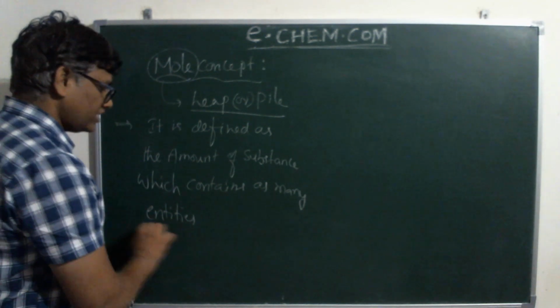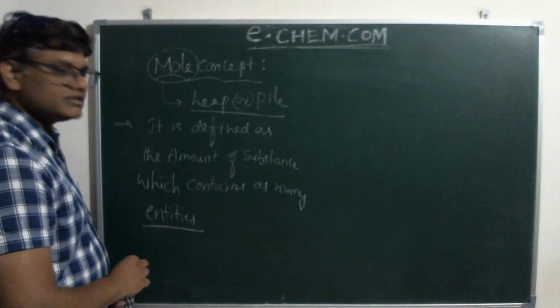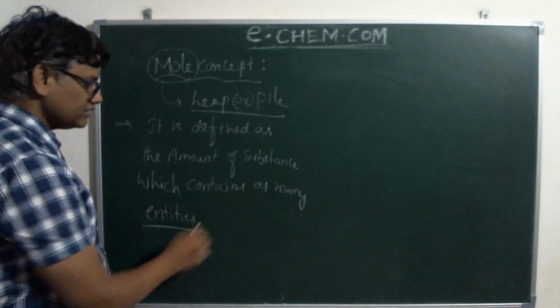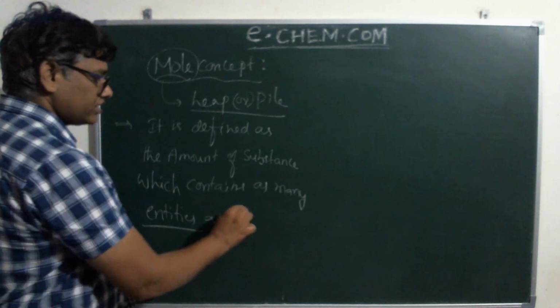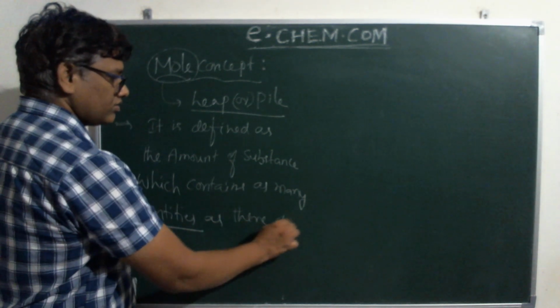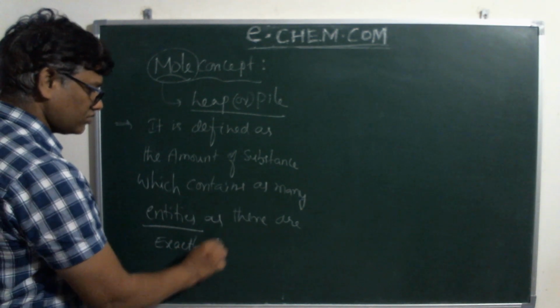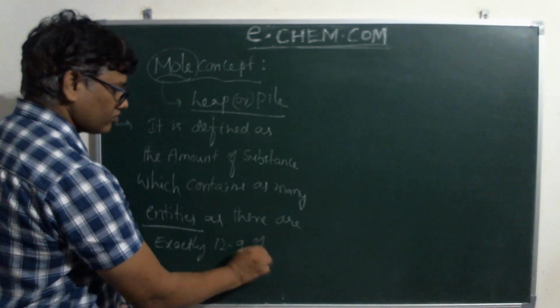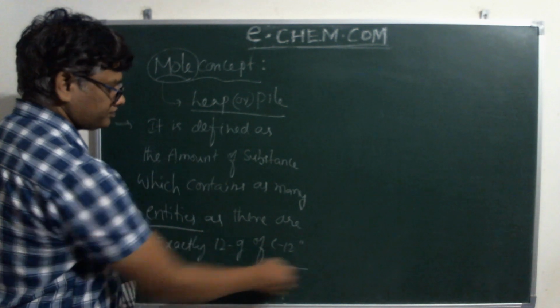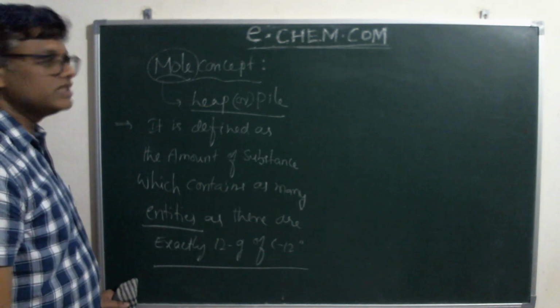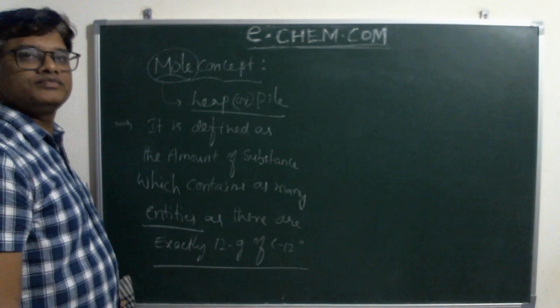So that collectively we can say as entities. As many entities as there are exactly 12 grams of carbon 12 isotope. This is a definition for mole.